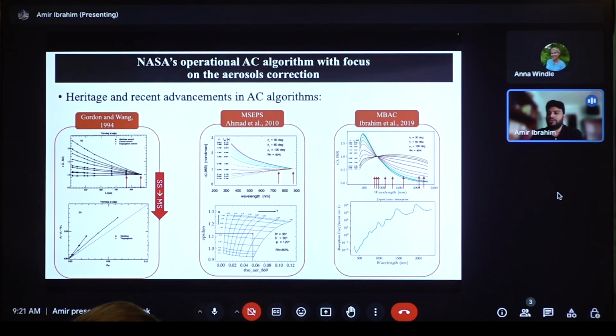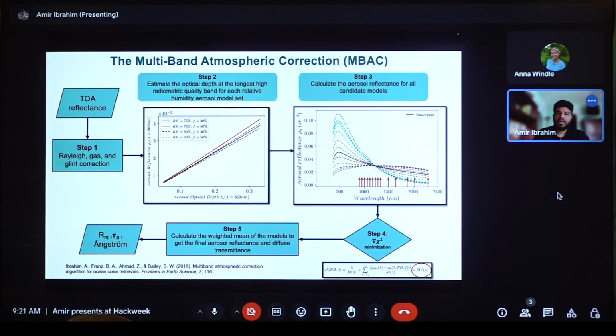But the further you go into coastal, more complex water conditions, this assumption breaks down. So you need to either utilize a model to model the near infrared signal of the ocean, or go further into shortwave infrared. The way that the multi-band AC works is that, as I said before, we take our top of the atmosphere signal.